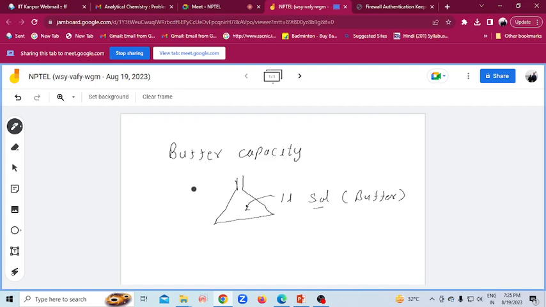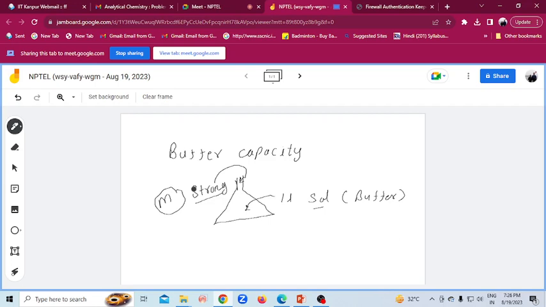You can change the pH either by dilution or by adding acid or base. How much strong acid do you have to add until the pH changes? We measure acid or base in moles.